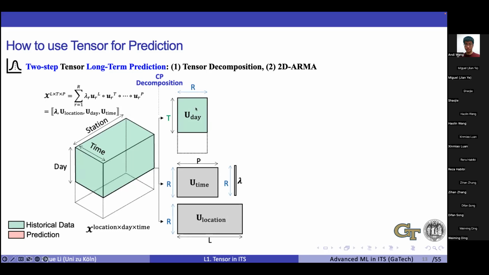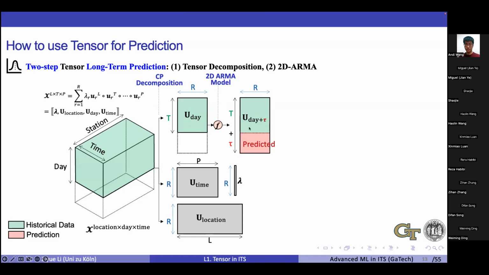We get the mode matrix along each dimension, which we call U day, U time, and U location. And for this U day, we use the second step, the general time series model. Here we specifically use a 2D ARIMA model. I will explain why. Basically we extend or predict this original U day for the next tau days, which means we make this matrix a little bit longer.